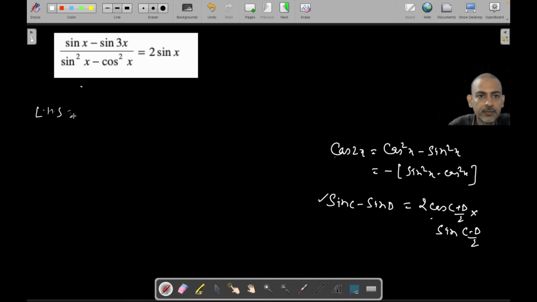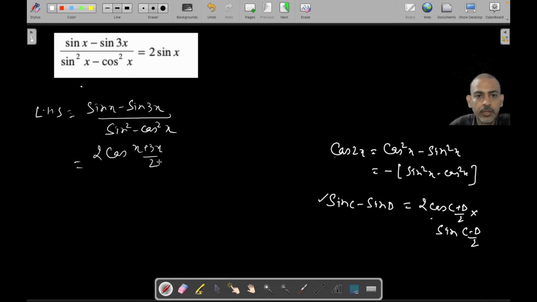So we'll write sin x minus sin 3x divided by sin square x minus cos square x. So this is nothing but it's gonna be 2 of cos x plus 3x by 2 into sin of x minus 3x by 2.